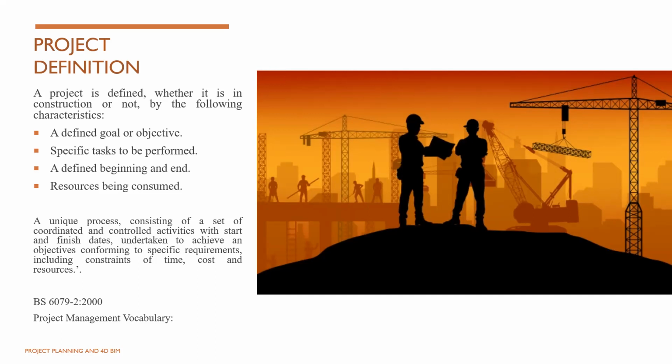That means a construction project should have a start date as well as a completion date, and it should cover all project constraints such as time, cost, and resources. That is the main definition mentioned under BS 6079 regarding project management.